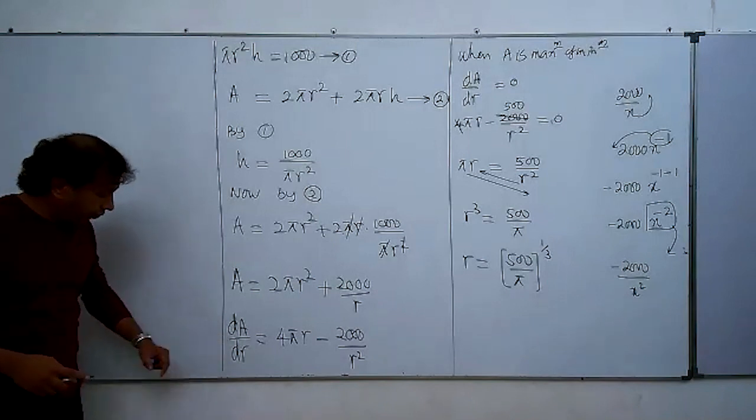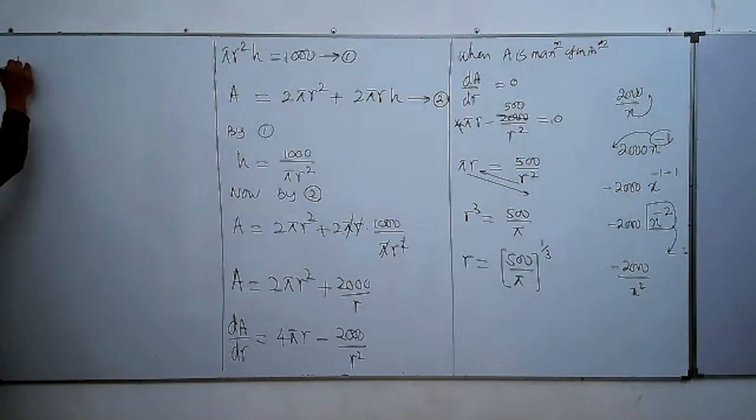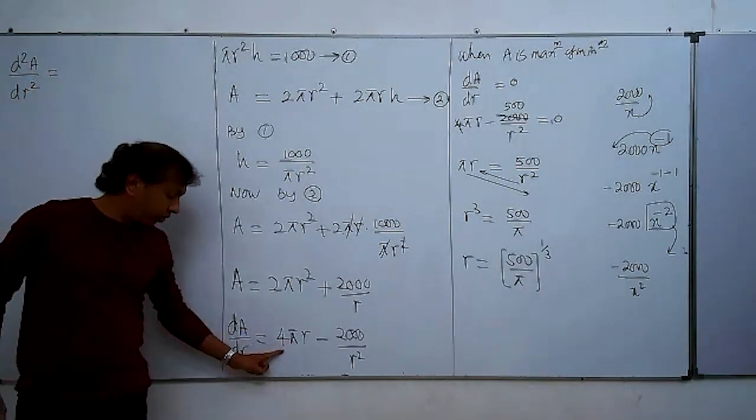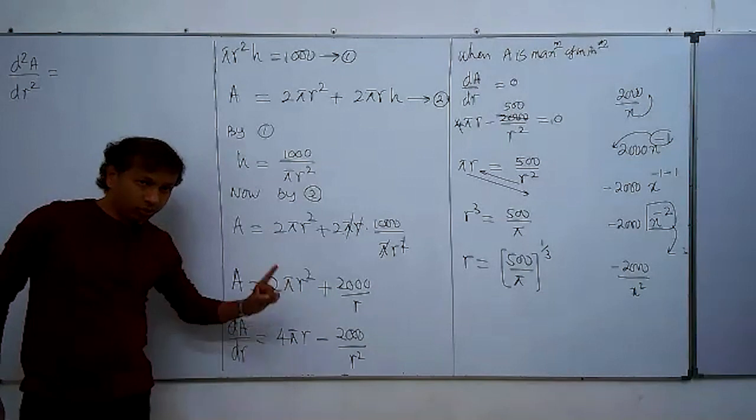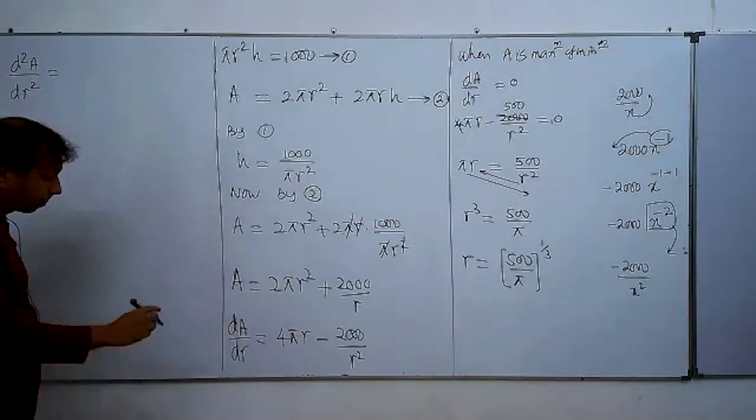The second derivative d2A upon dR2: here 4 pi is a constant, derivative of R with respect to R is 1. Then here we get 4 pi.